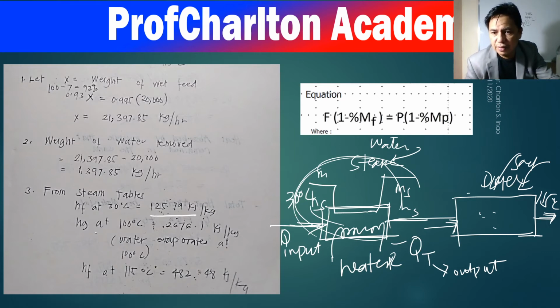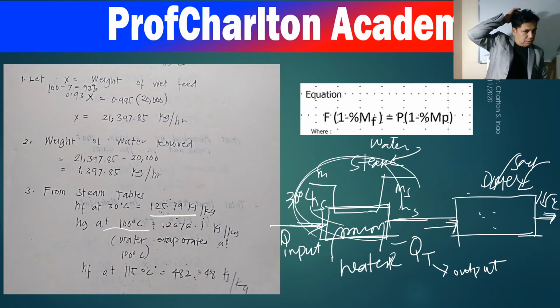Then enthalpy of gas at 100 degrees centigrade. Why 100? Because the saturation point of water is 100. Before it becomes steam, it will boil when it reaches 100 exactly. 100 degrees centigrade of water, it will boil.